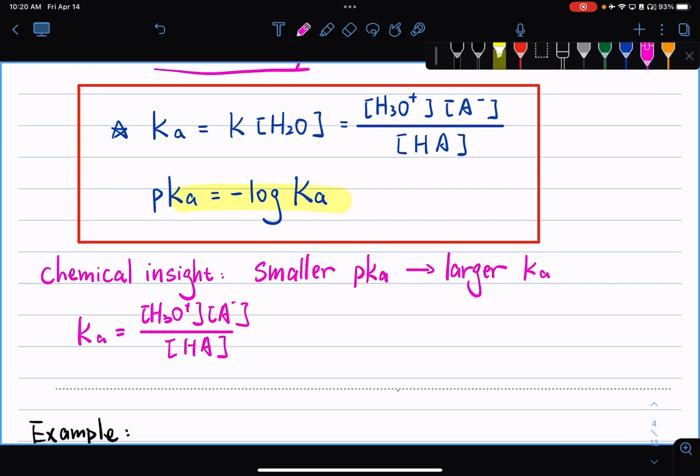So what a larger Ka tells us is we have higher H3O+ in this reaction. So smaller pKa, we're talking about this substrate is more likely to dissociate a higher number of protons into the solution, or this substrate is more acidic. So smaller pKa, more acidic. And here's the general walkthrough of why that's the case.